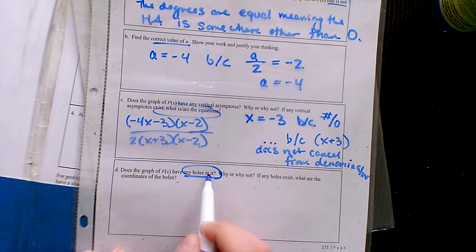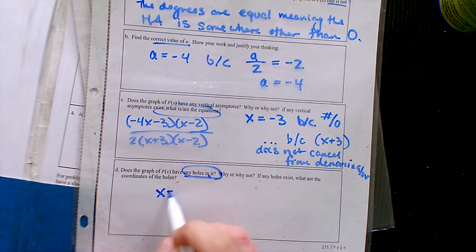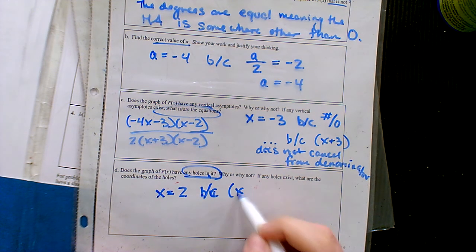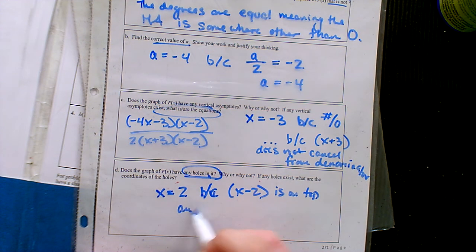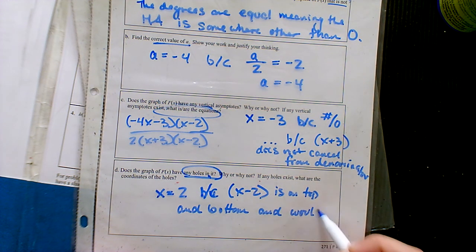What about D? Can we find any holes? What do you think, Lainey? Yeah, because X minus 2 is on the top and the bottom. Okay, so we'll say because x minus 2 is on top and bottom and would cancel.